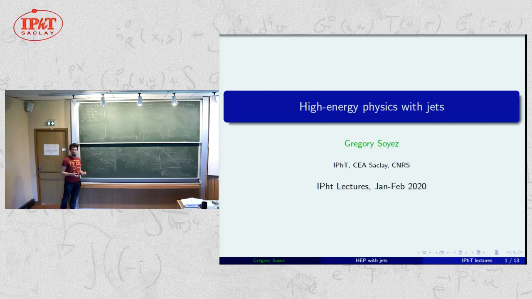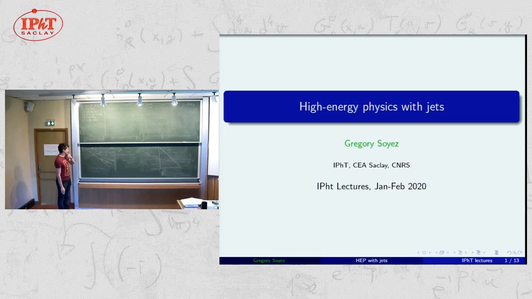Parton showers genuinely describe how a jet develops. So by looking at the internal properties of jets, aka jet substructure, you automatically open doors to try and understand parton shower development.